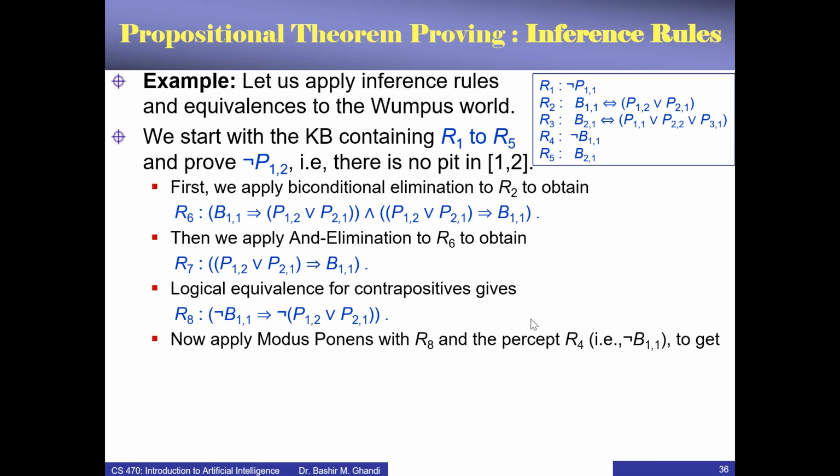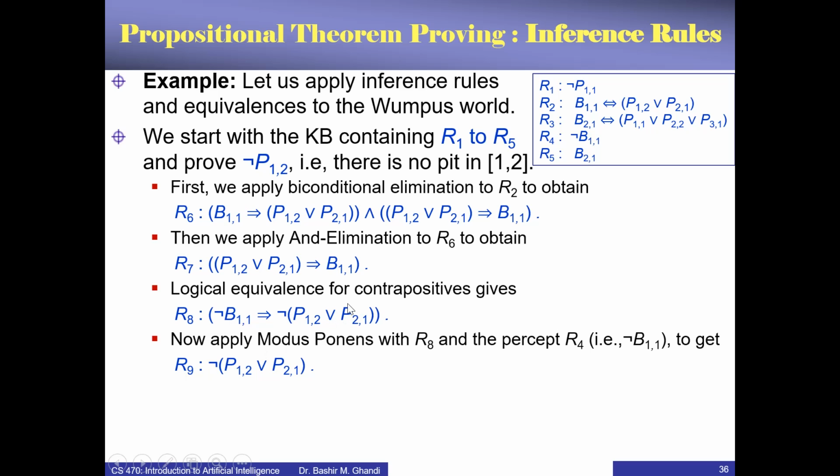Now apply modus ponens on this R8 and the percept R4. R4 says there is no breeze in 1-1. So if there is no breeze in 1-1, meaning this is true, what can you conclude?